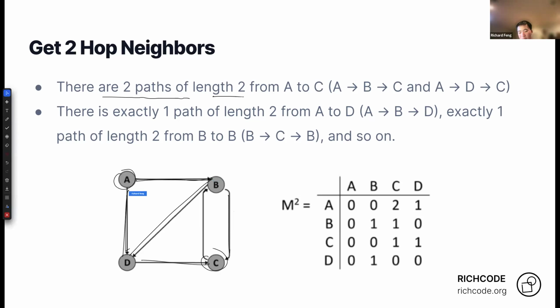A to D is only length 1. And exactly one path of length 2 from B to B. We can do B to C back to B. And if we want to find all the two-hop neighbors, then we can square the matrix.